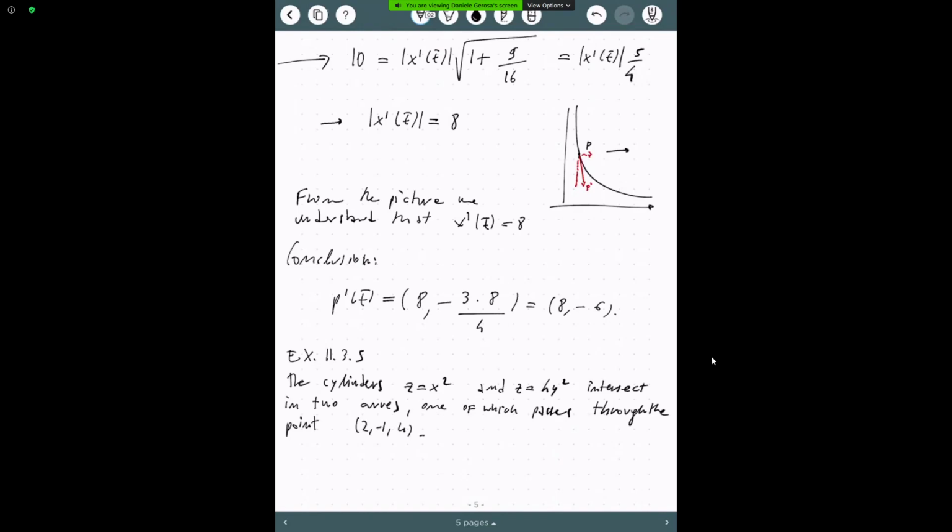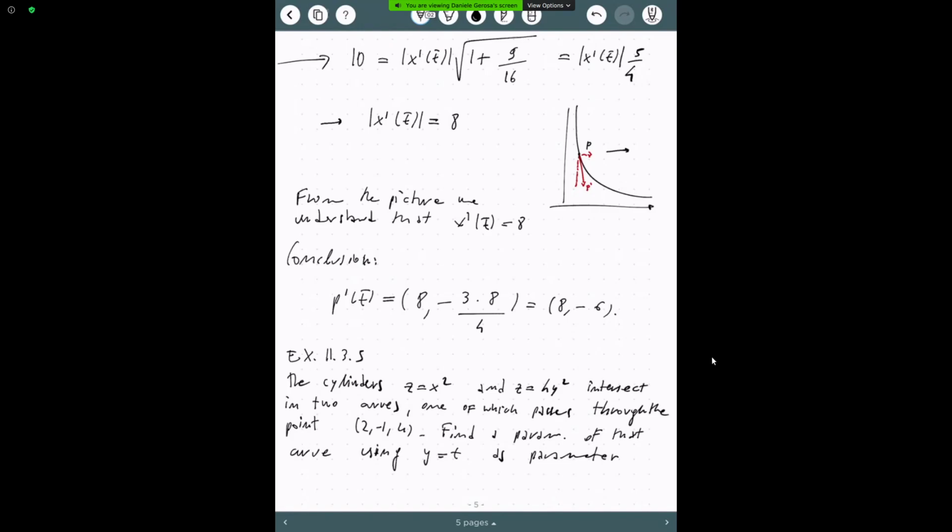So we want to find a parameterization of that curve using y equal to t as parameter. In this case, the parameter suggestion is given. So they suggest to use y equal to t as a parameter.